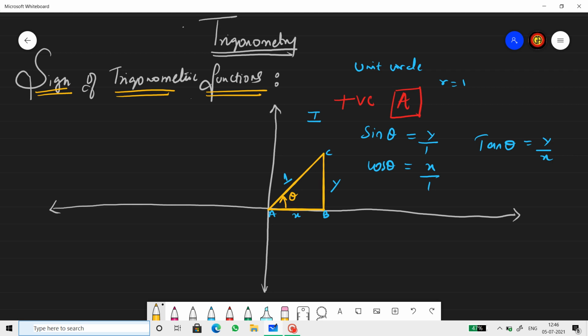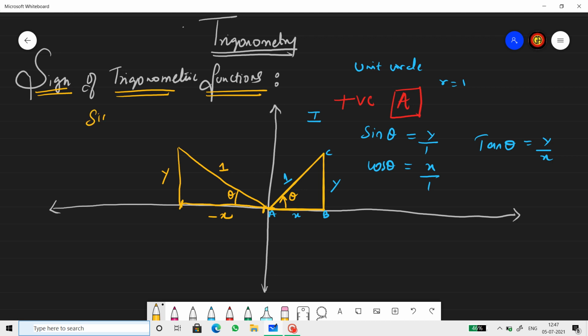Now let us consider a right angle triangle in the second quadrant. In the second quadrant, angle theta is here. This is y and this is minus x. So this length is minus x and this is y, hypotenuse is 1.